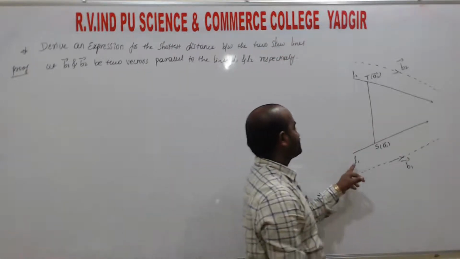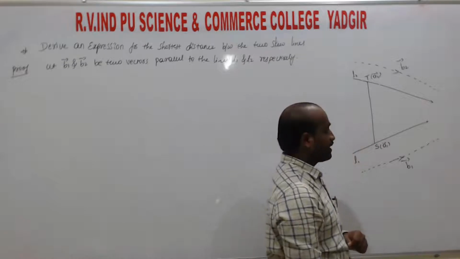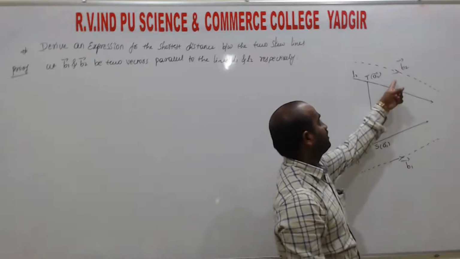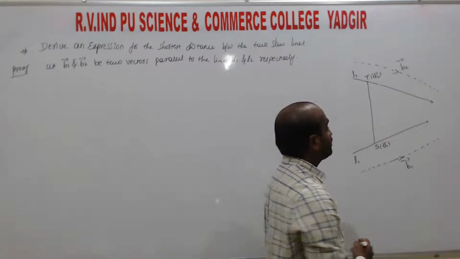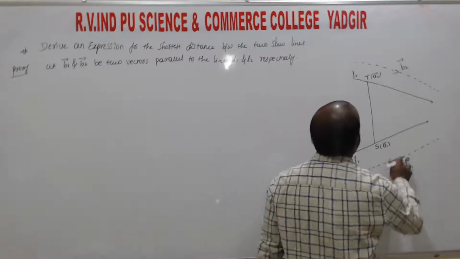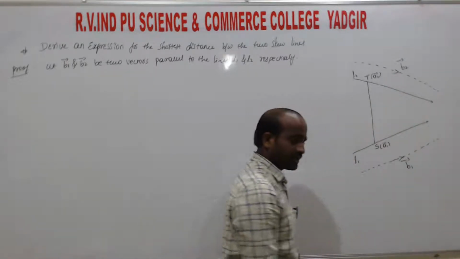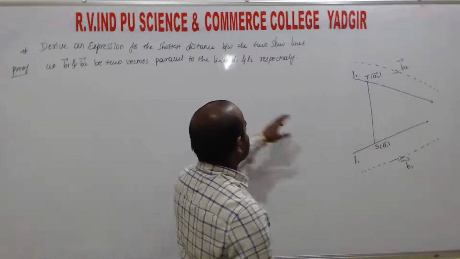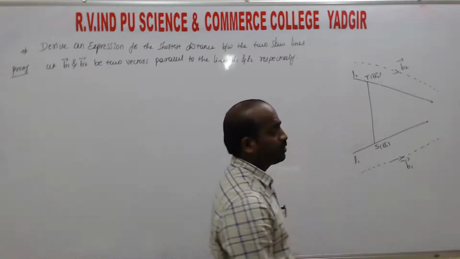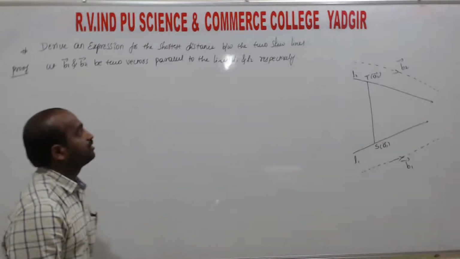If two lines L1 and L2 are parallel to the vectors B1 and B2, this means B1 vector and B2 vector are two vectors parallel to the lines L1 and L2 respectively.